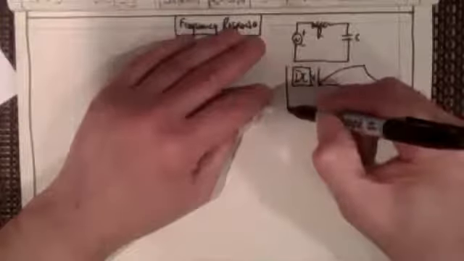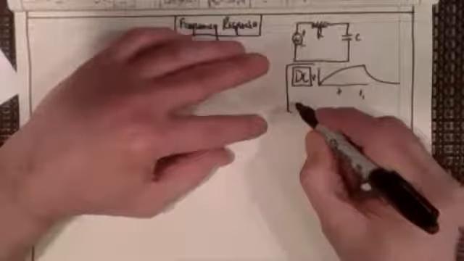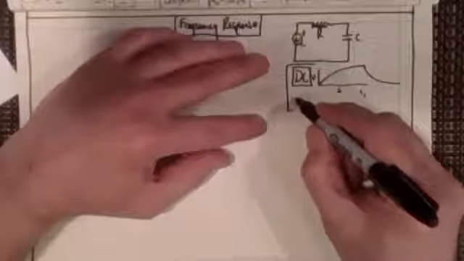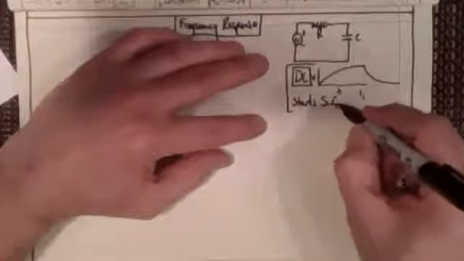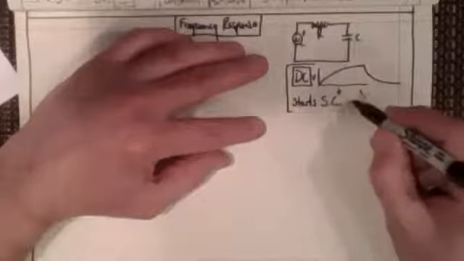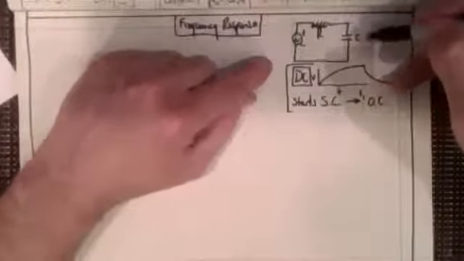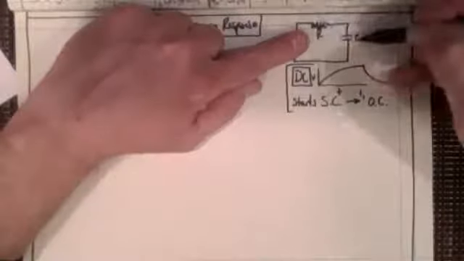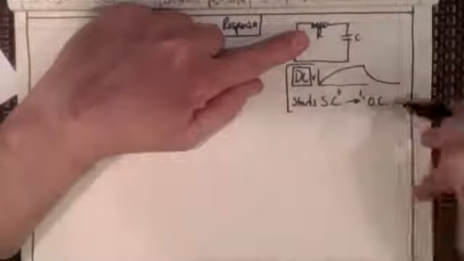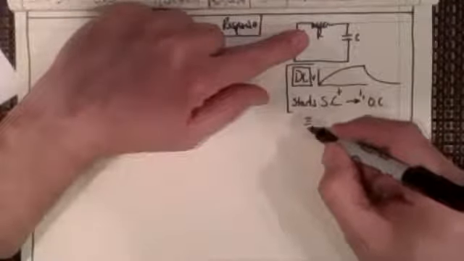For DC, what we find is that it starts as a short circuit, and then it eventually goes to an open circuit. So in the beginning, current flows as if the capacitor wasn't even there. I'm not talking about an AC circuit, I'm talking about a DC circuit. Why don't I draw it in here so that you'll have it in your notes.